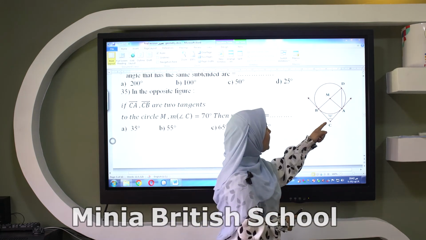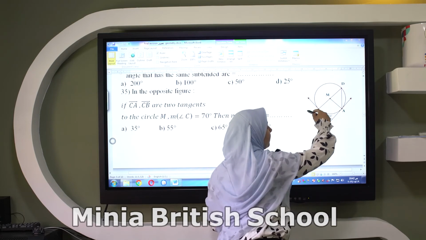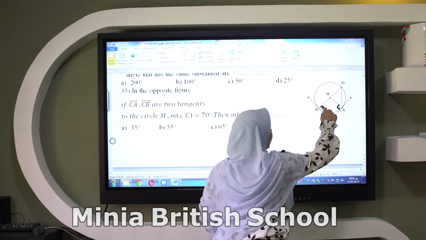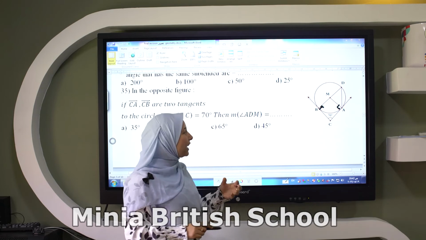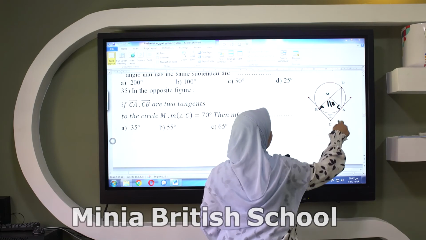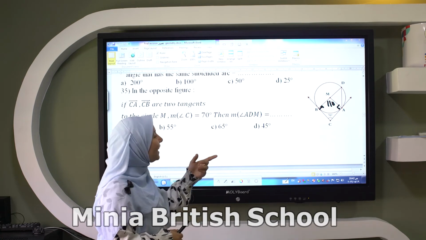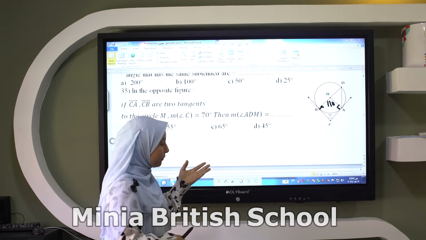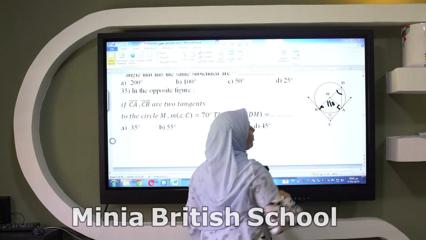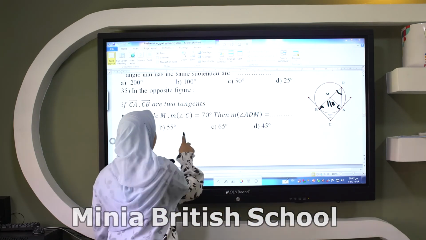Here AC is tangent, BC is tangent, and MA and MB are radii, therefore these angles equal 90 degrees, and also the 90, then the measure of angle AMB equals 110, because MACB is a quadrilateral. Then angle ADB is the inscribed angle subtended by the same arc as the central angle AMB. Therefore, the measure of angle ADB is half of 110, which equals 55.